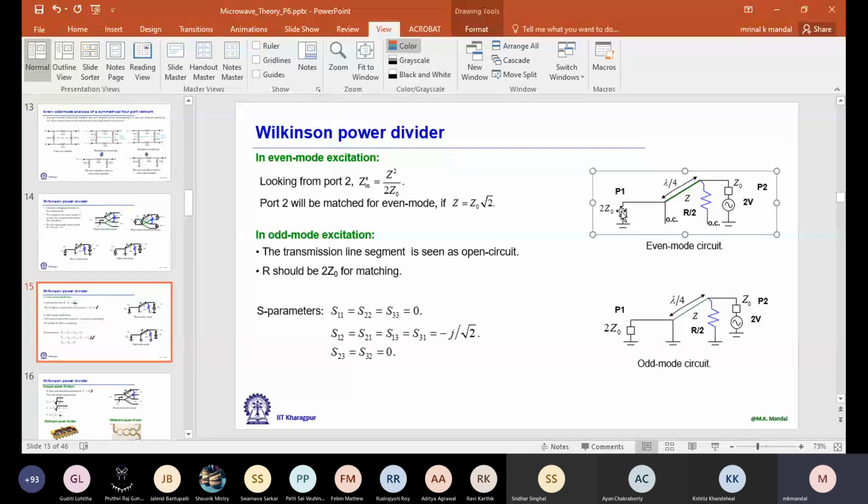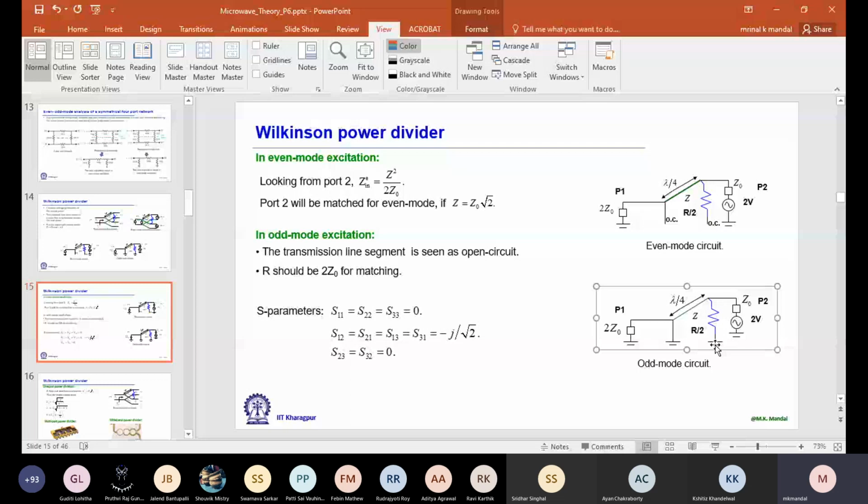Now, what is happening in the odd mode? In the odd mode, this is the circuit. So R by 2 is now grounded. What about this lambda by 4 section? This end is grounded, and already we know the characteristic impedance of this branch.